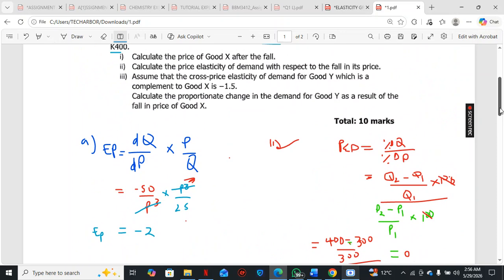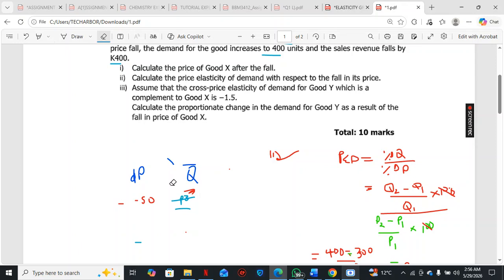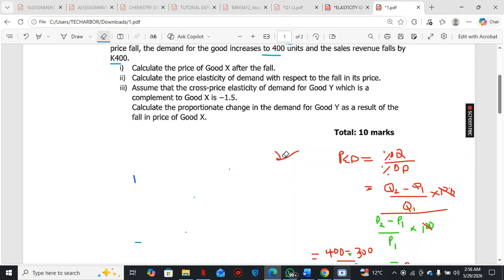Then finally, we've got this question here. Assume that the cross price elasticity of demand for good Y, which is a complement to good X, is negative 1.5.